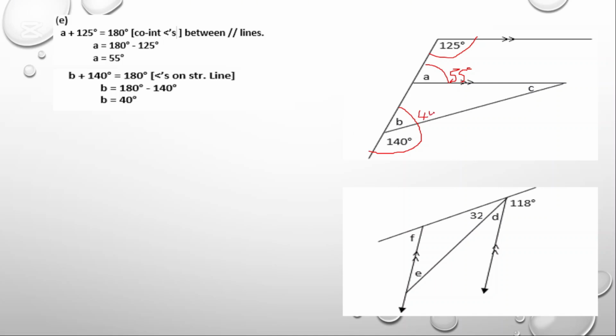Now it's possible to use the method that 40 plus C is equal to 55, because 55 is the exterior angle of this triangle, and the sum of the opposite interior angles is equal to the exterior angle. 40 plus C is equal to 55, exterior angle equal to opposite interior angles, C equal to 55 minus 40, and C is equal to 15 degrees.